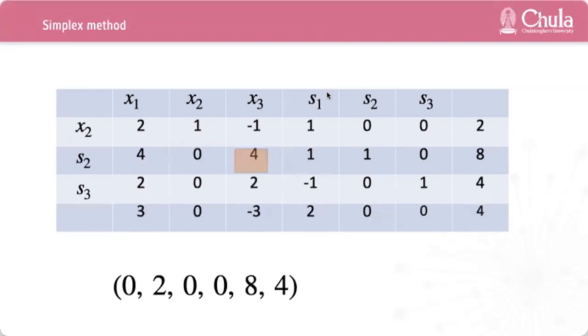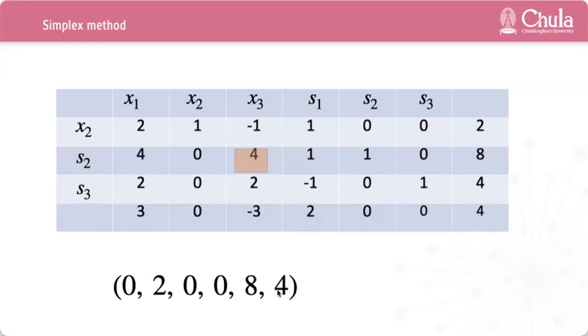Okay, so then we add X2 to our set of basic variables, and we replace S1 with X2. So now we move to the point 0, 2, 0, 0, 8, 4.